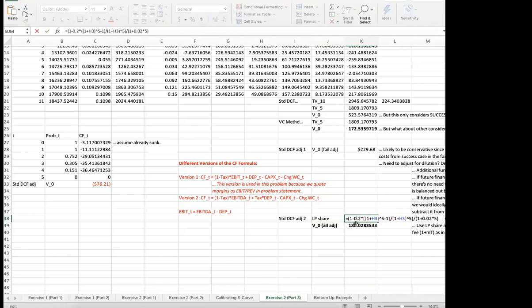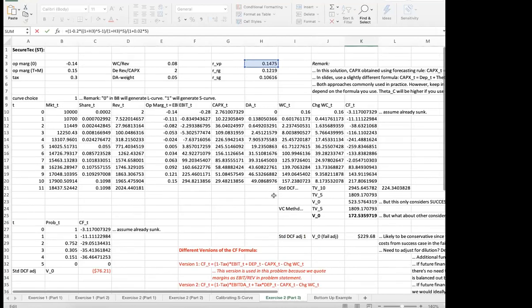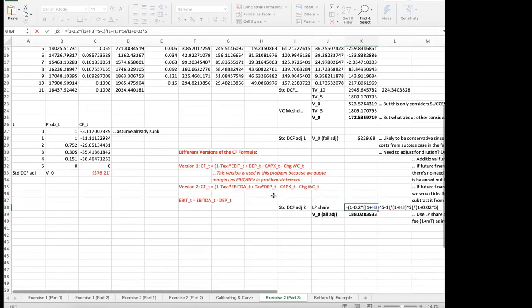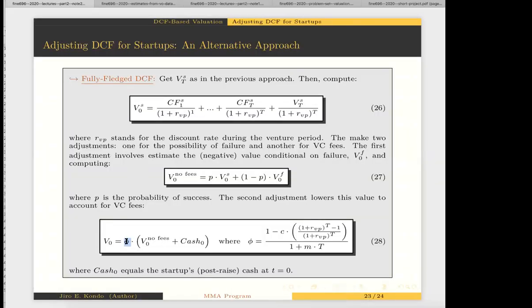I take 1 minus the carry fee. The standard carry fee to assume for a venture fund is 20%, so that's why I use the 20% here. The standard management fee for a venture fund is 2%, so that's why I use the 2% here. All I've done here is calculate the formula for this parameter.